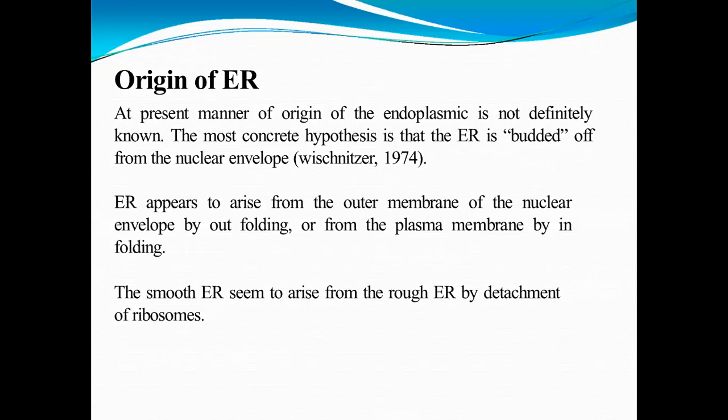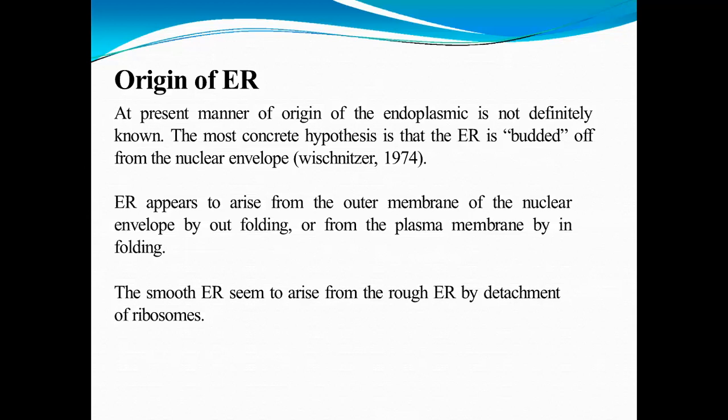It appears to arise from the outer membrane of the nuclear envelope by outfolding, or from the plasma membrane by infolding. You can have a look at the figures to understand more accurately the outfolding and infolding positions of the endoplasmic reticulum.